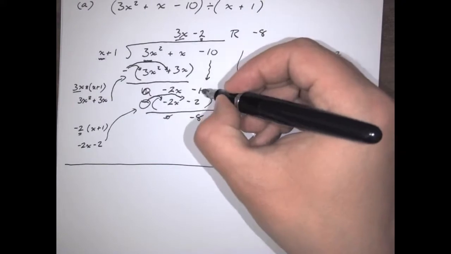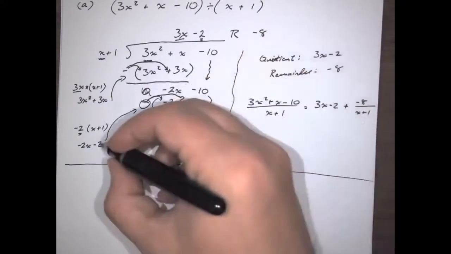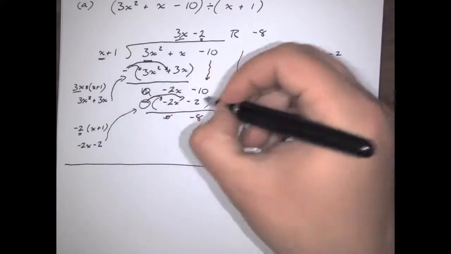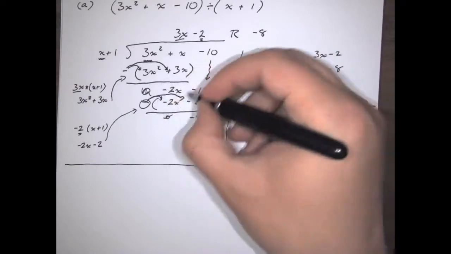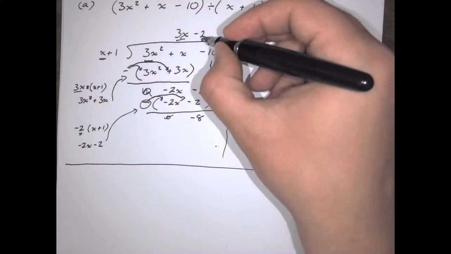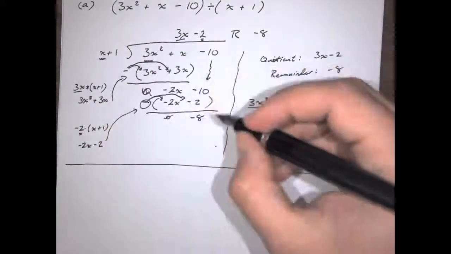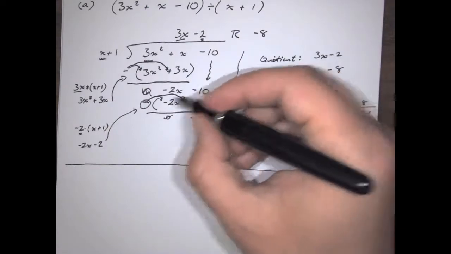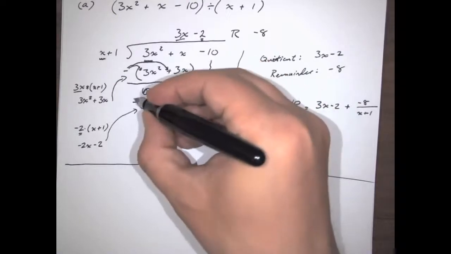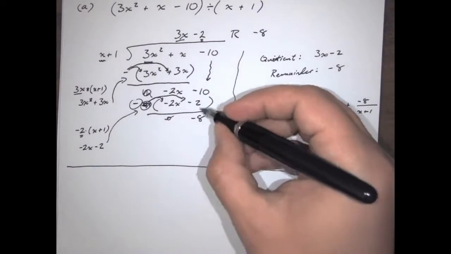Down will come the next term from up here, and then you repeat the process with this. So now the negative 2x, we look at that. What are we going to have to multiply by? It's going to have to be a negative 2. So then we multiply by that, and then we get that, and then we put it over here, and then we subtract it, which means that all the terms become opposite.